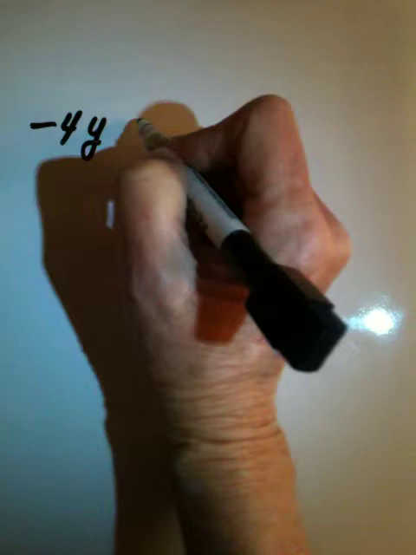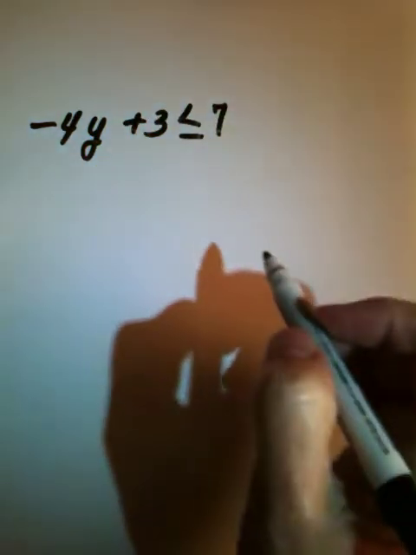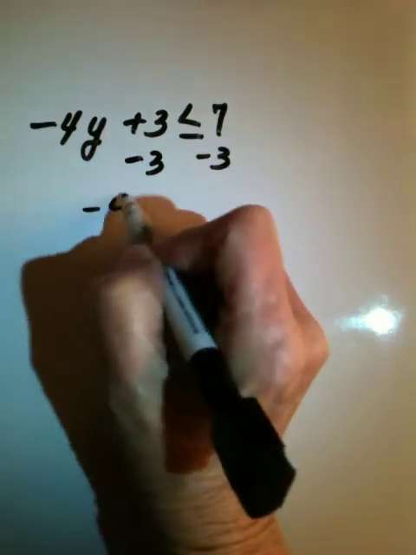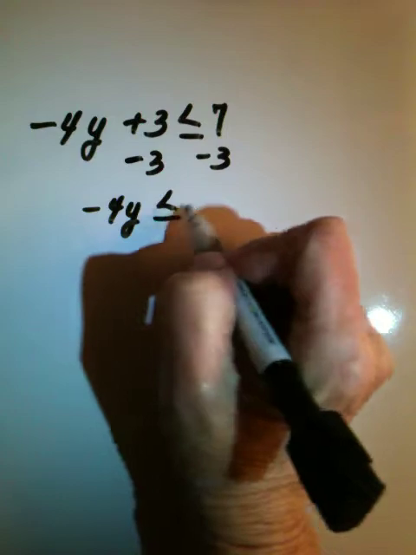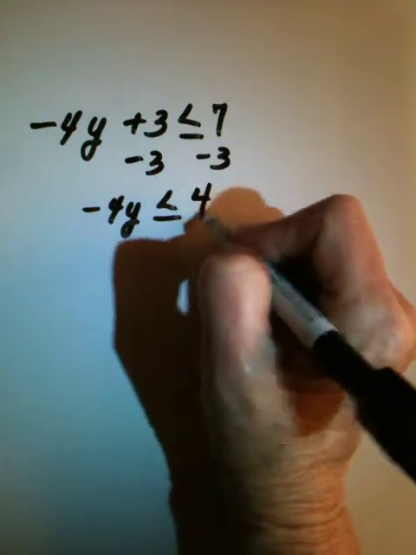Let's solve negative 4y plus 3 is less than or equal to 7. Solve the inequality first. Subtract 3. We have negative 4y is less than or equal to 4.